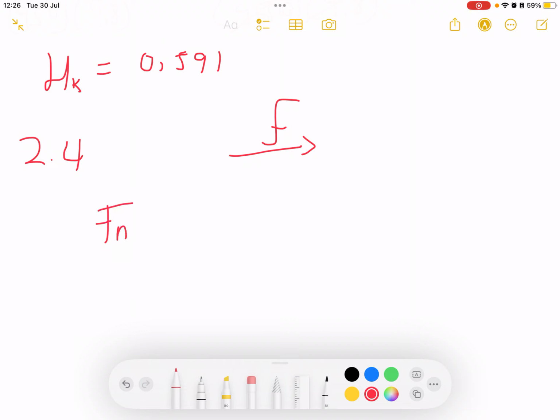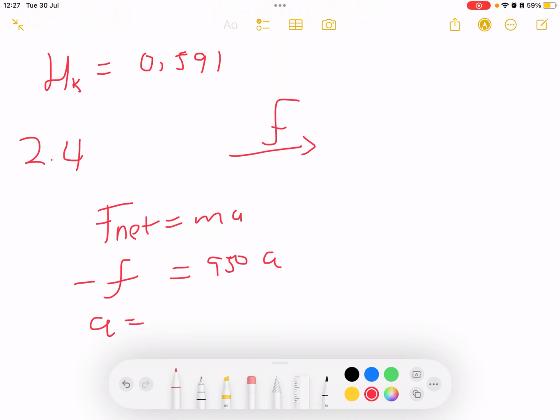And therefore, F net is equal to ma is no longer equal to 0, because the car is not moving at constant velocity. It moves at a velocity, then it comes to rest. So therefore, this has an acceleration. And this is just minus friction, because friction is opposing where the car is going, which is equal to 950 times the acceleration.